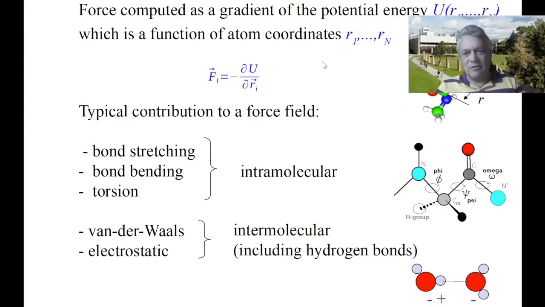And the standard molecular mechanical force field, which is often used in biomolecular simulation, contains several terms: intramolecular bond stretching and bond bending, torsion interaction along the macromolecular backbone, and intermolecular interactions, which are van der Waals interaction presented as the Lennard-Jones potential, and electrostatic interaction due to partial charges of atoms. And even hydrogen bonds are described by a combination of electrostatic and van der Waals interactions.